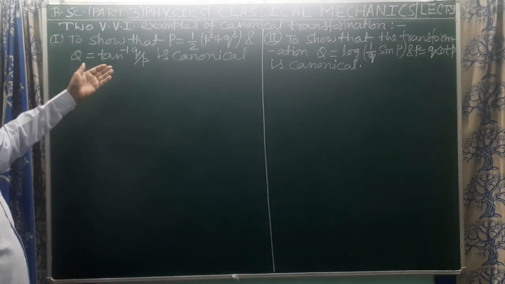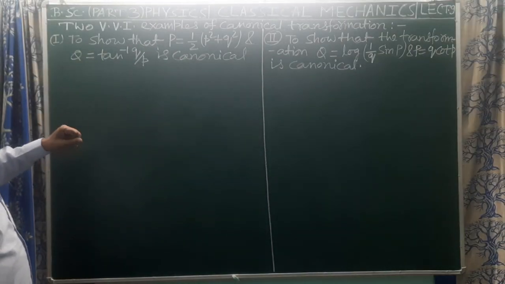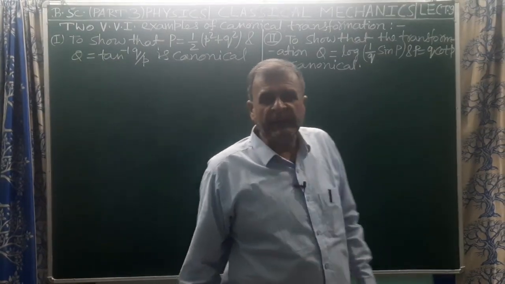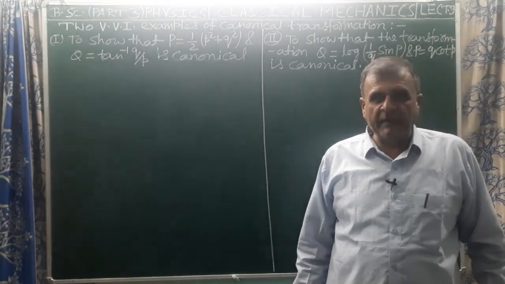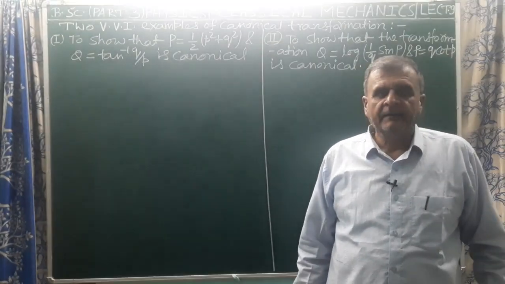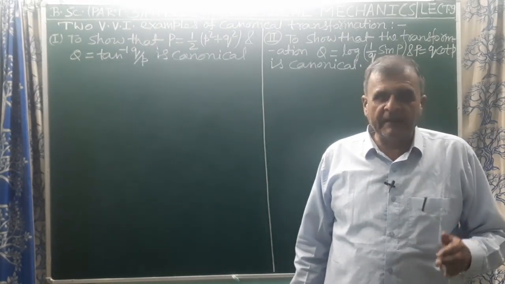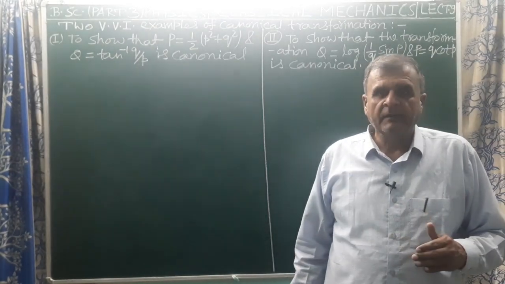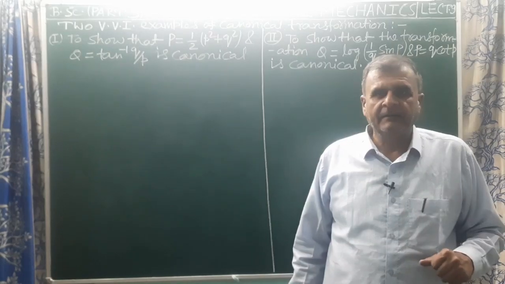Now to solve this example, we have to show that the product of small p multiplied by dq, minus capital P multiplied by d capital Q, must be an exact differential.